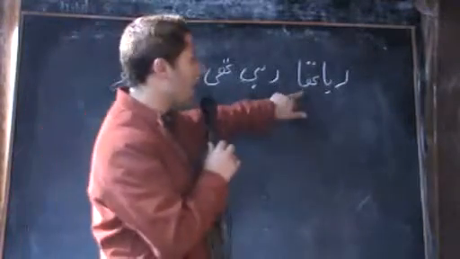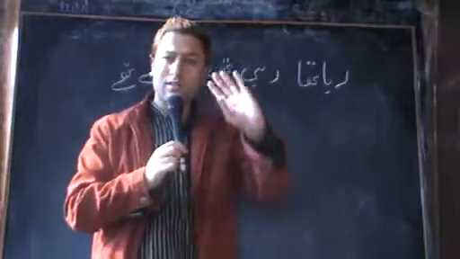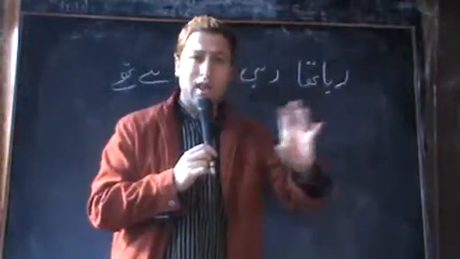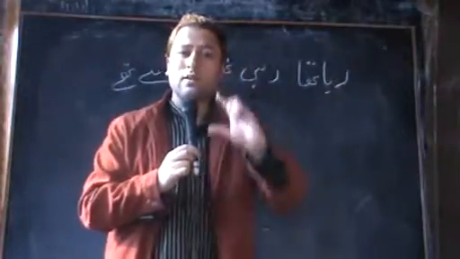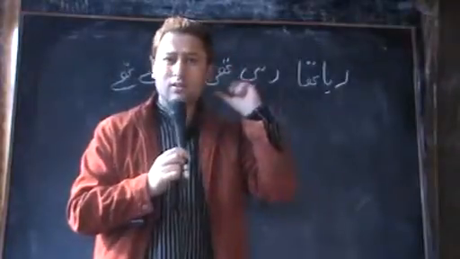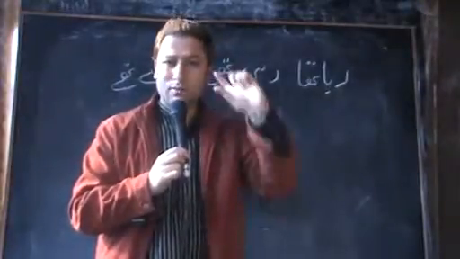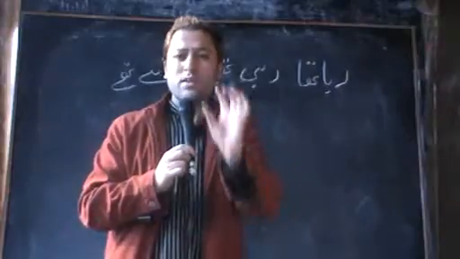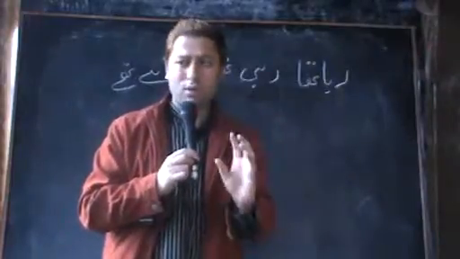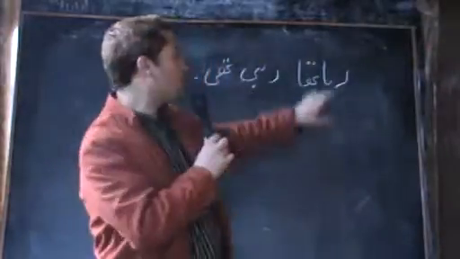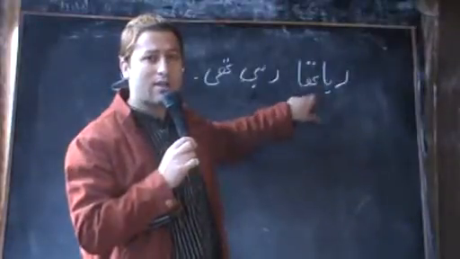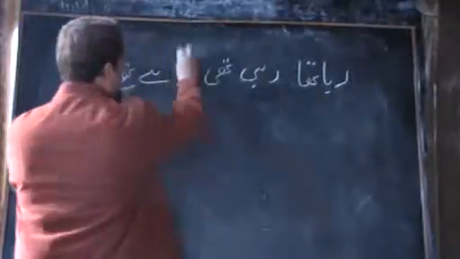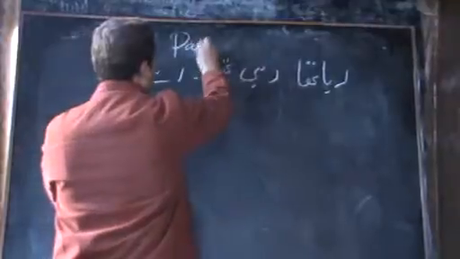Because of this tha, you can recognize it is the past one, and we call it continuous, but in the past. The work which was done at a particular time, or which was done for a small period of time, and we can use such signs at that time. So I will write here past continuous.